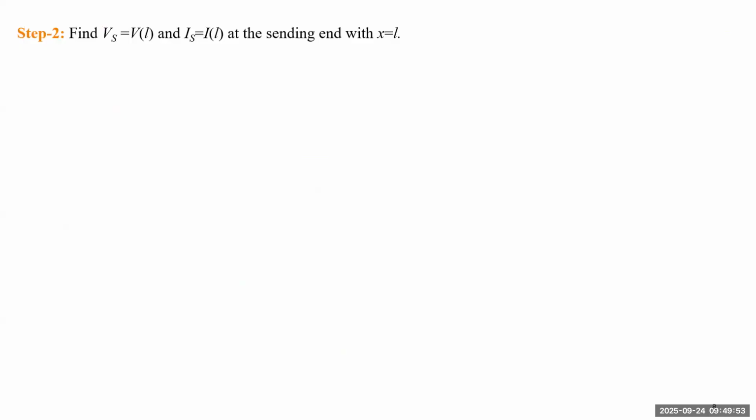Okay, let's move on. We still need to solve for the voltage and current phasors at the sending end. So we'll utilize the other boundary condition when x equals L. You just plug in L for x. This will give you Vs and Is.